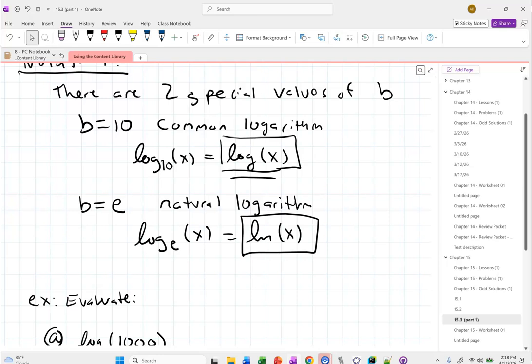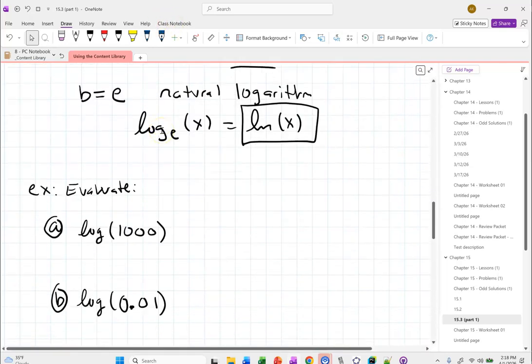Why the letters ln? Because the mathematicians that formalized this notation were French, and ln stands for logarithme naturel in French. So there you go.